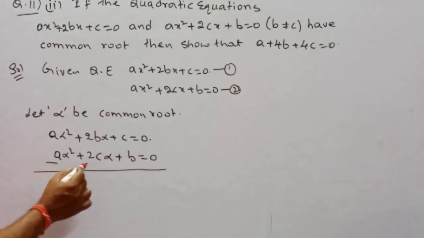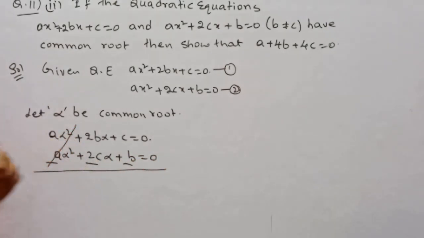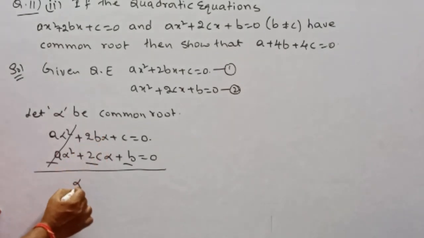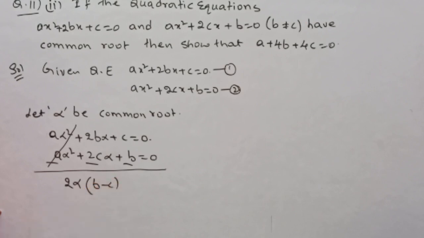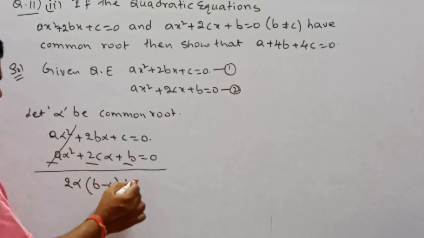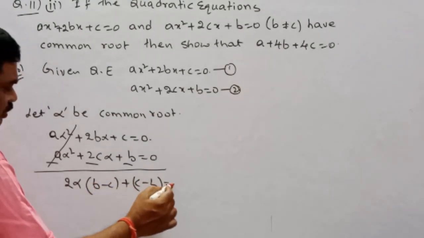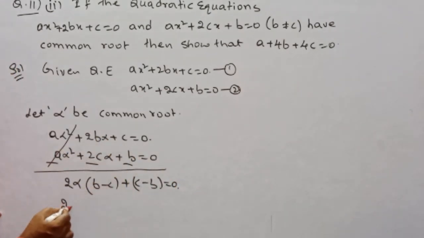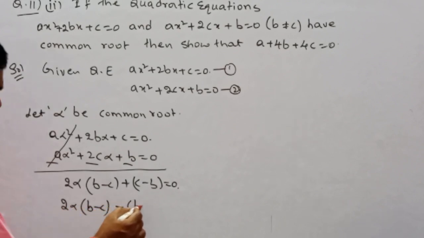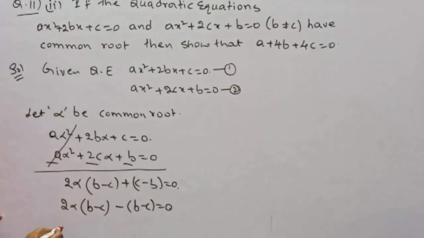Then subtract these two. The a alpha square terms cancel. We get 2 alpha of b minus c plus c minus b equal to 0. Then take minus common: 2 alpha of b minus c minus of b minus c equal to 0.